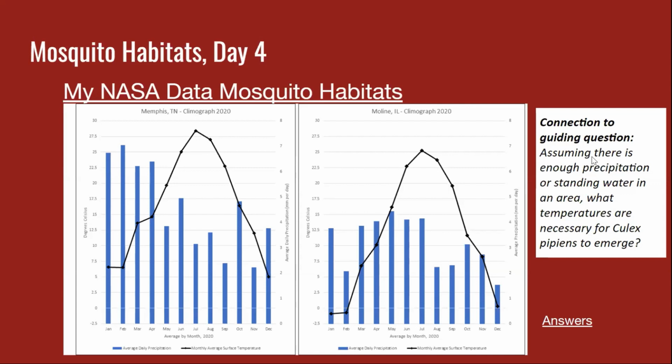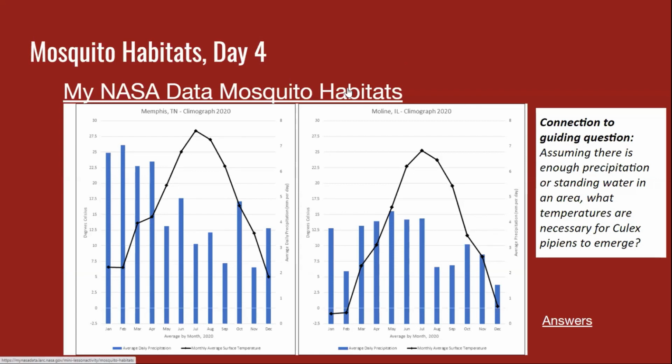The connection to the guiding question is assuming that there is enough precipitation or standing water, what temperatures are necessary for, I'm probably not going to say this right, this particular species of mosquito to emerge?